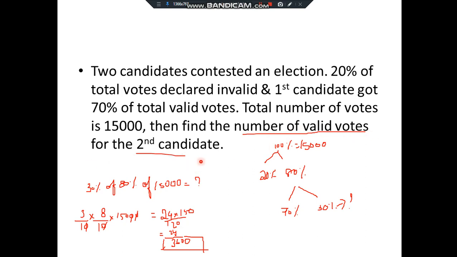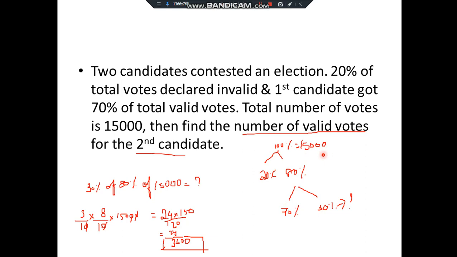Okay. As usual, 100 is the base, okay? 20% of votes were declared invalid. So obviously how many percentage valid? 80%. Okay. And the first candidate got 70. So how many valid votes did the second candidate get? 30%, right? Now the total number of votes is 15,000. So T they have already given us, 15,000.